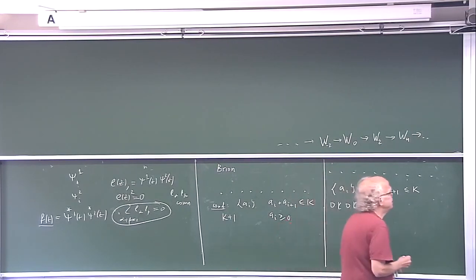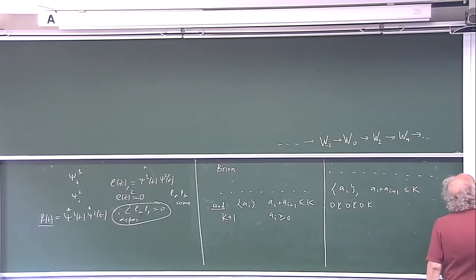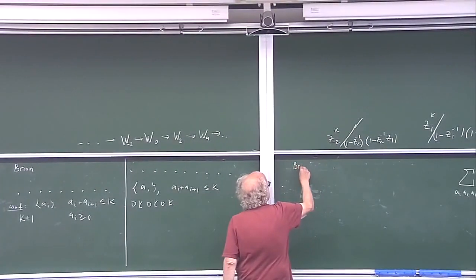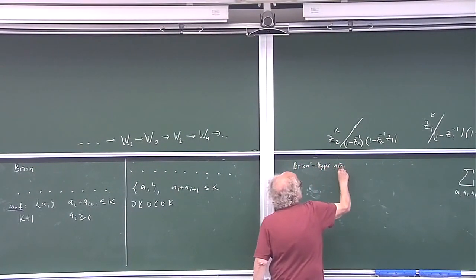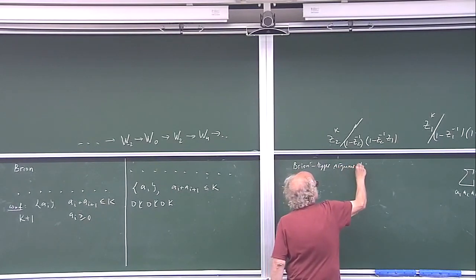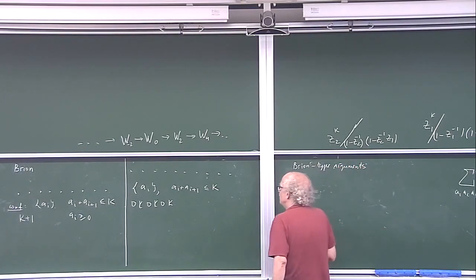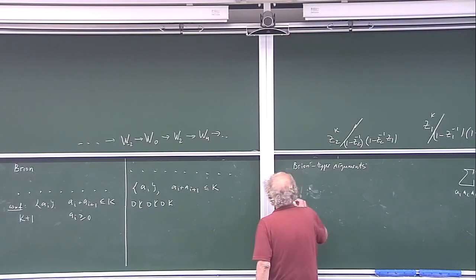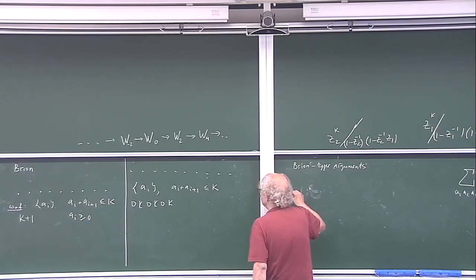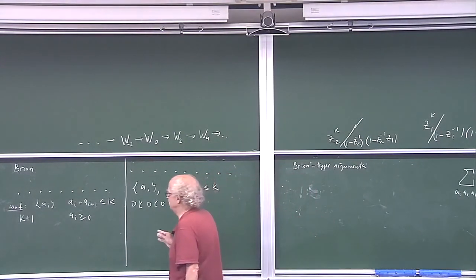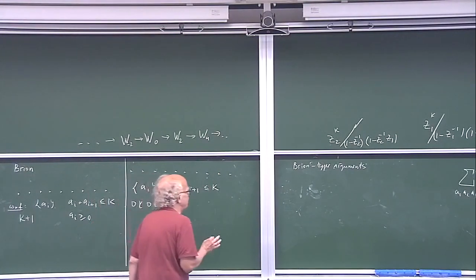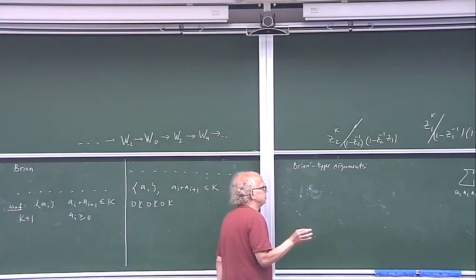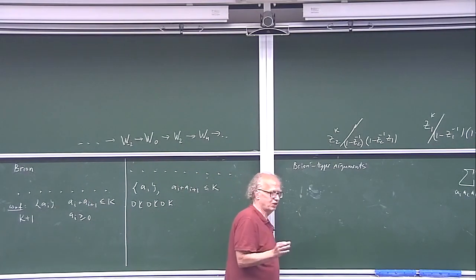And I want to say that Brion type arguments work, and they work in which way? Well, we have configurations, and I want to find the Brion type formula for the character in the same way. And this kitchen recipe is the following.